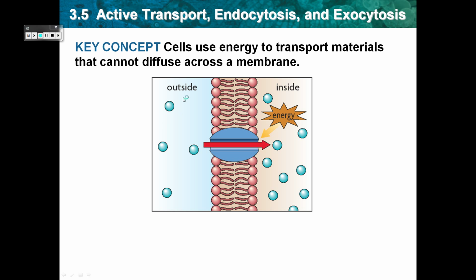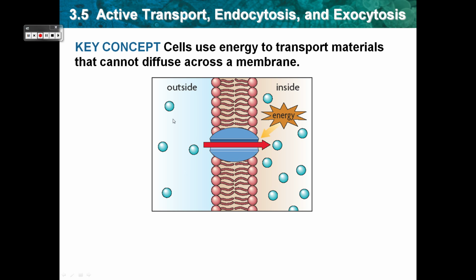You can see on the outside there's only a few molecules, and yet we're trying to pump them across the membrane through this transmembrane protein to put even more inside where clearly there's already a lot. So it takes more energy to blow up a balloon that's already mostly full than it does to blow into one that's empty. Okay.